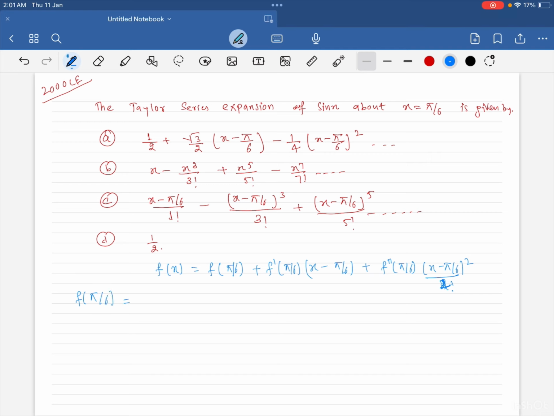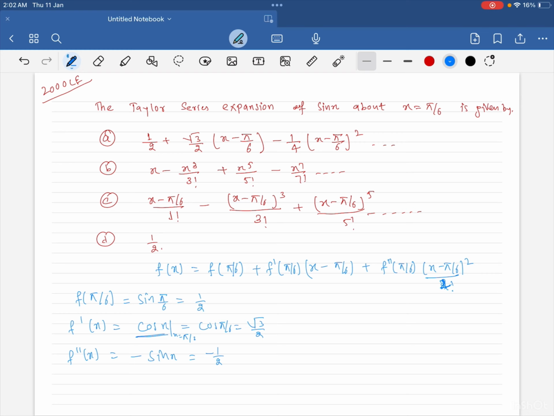Now we can find this f at pi by 6, so that is sine pi by 6, sine 30 degree, 1 by 2, and f dash x is cos x, and cos pi by 6 is root under 3 by 2, and f double dash x at pi by 6 is going to be minus of sine x, so that will be minus 1 by 2, right?